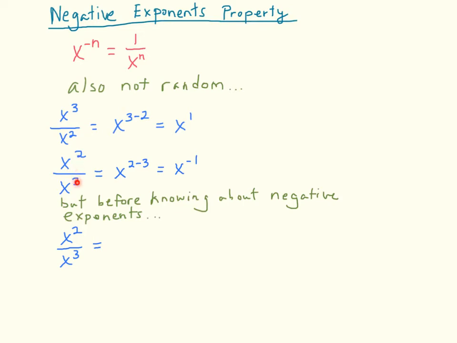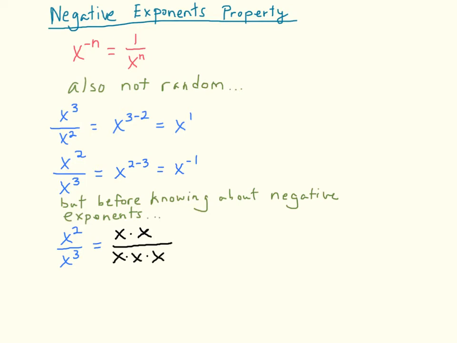Well, the same rule would have to be followed when the exponent in the numerator is less than the exponent in the denominator, and you would end up with a negative exponent. So what does that mean? We can easily see what that means if we think about what we knew before we knew about negative exponents. That would mean that you have x times x in the numerator over x times x times x.